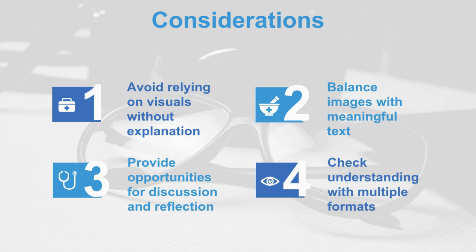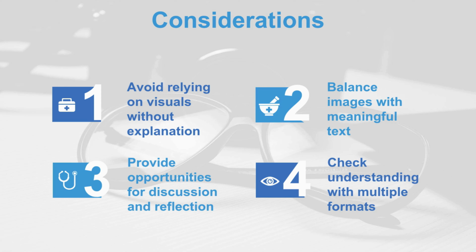For the nonverbal, we talked about avoiding random text in your visuals because it throws them off. The same thing is true with the verbal. We want to have meaningful text. We don't want to include anything that's not necessary. We also want to provide opportunities for discussion and reflection.